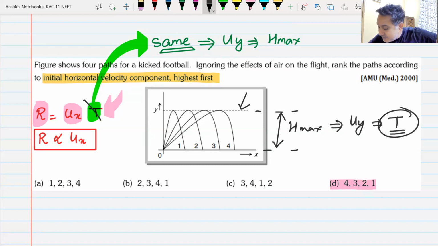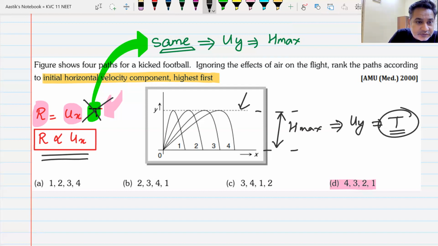Wow, when the time of flight is same, your range is directly proportional to your horizontal velocity. So the particle which has more horizontal velocity will go farther compared to the particle which has less horizontal velocity. And that is the reason why 4 is greater than 3, is greater than 2, is greater than 1 in terms of their horizontal component of velocity.